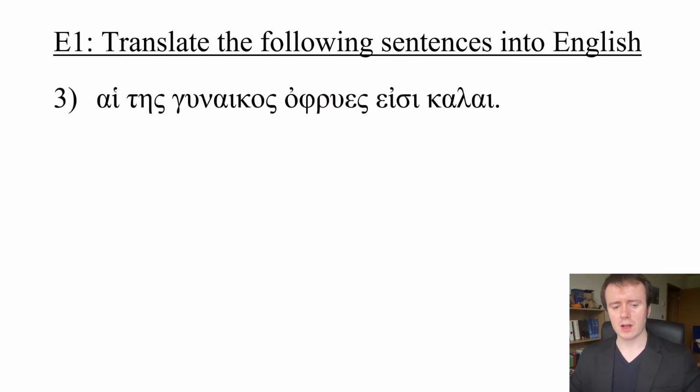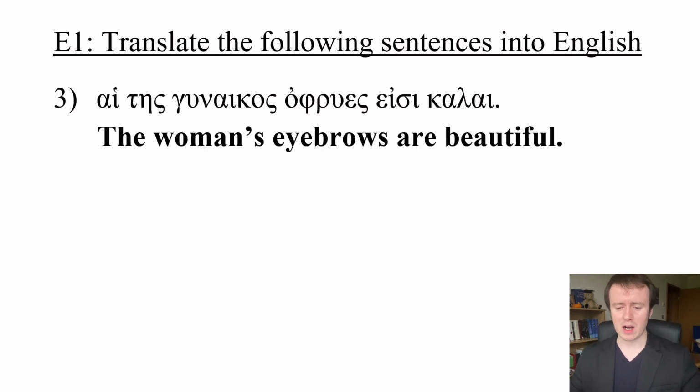Number 3 is hai tes gunaikos oprues eisi kalai. You should have translated this one as, the woman's eyebrows are beautiful. We know that it means this because hai is going with oprues. So these are the eyebrows in the nominative plural. Here we have the sandwich construction being used to deploy a genitive phrase, tes gunaikos.